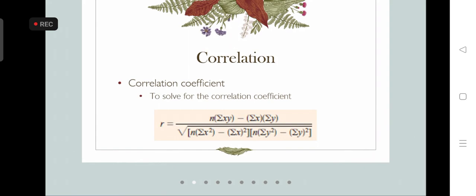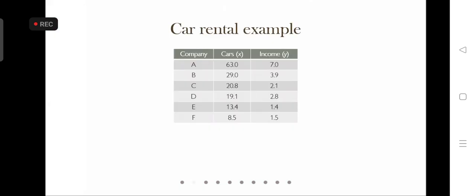R equals N times the summation of XY minus the product of the summation of X and the summation of Y, divided by the square root of N times the summation of X squared minus the summation of X, squared, multiplied by N times the summation of Y squared minus the summation of Y, squared. So I know it's a lot to take in, no? So that is the formula, and we will now apply it.